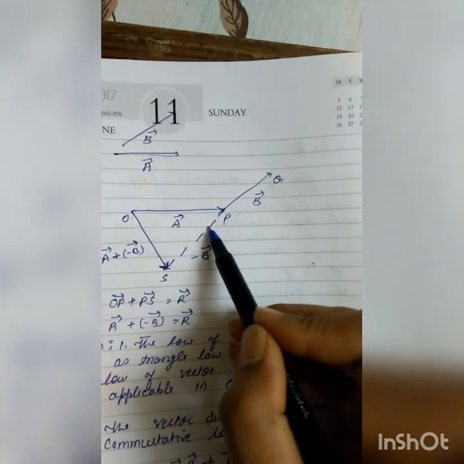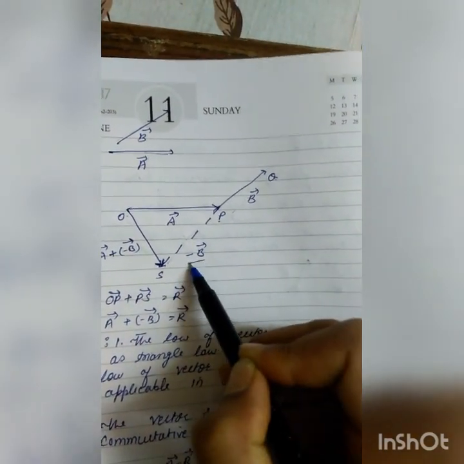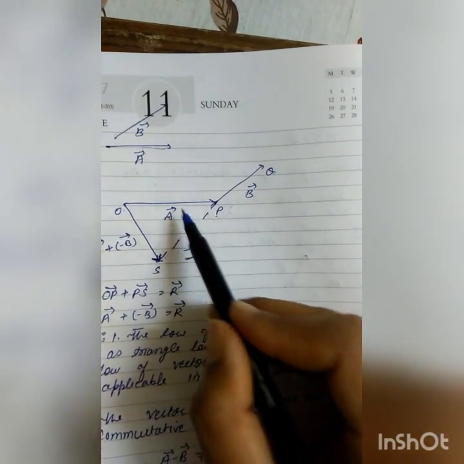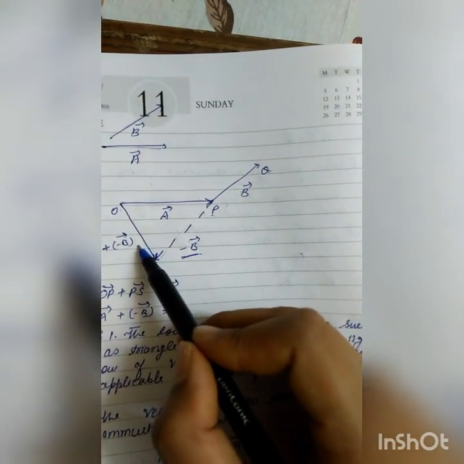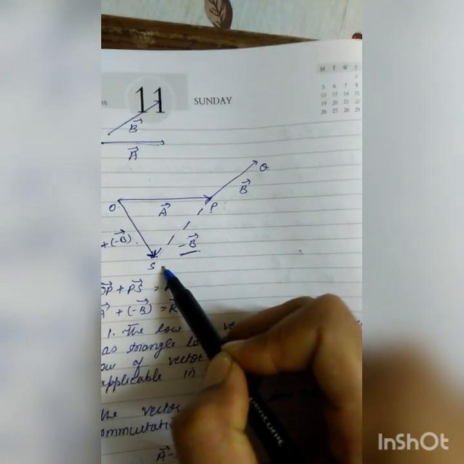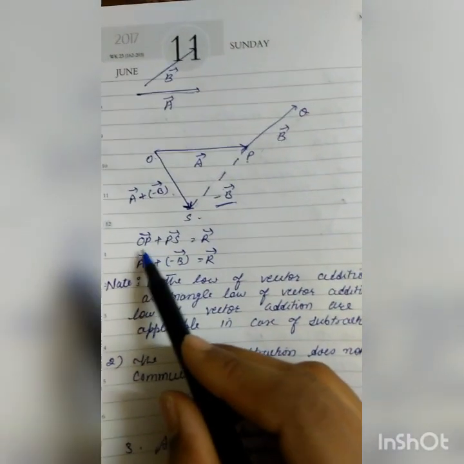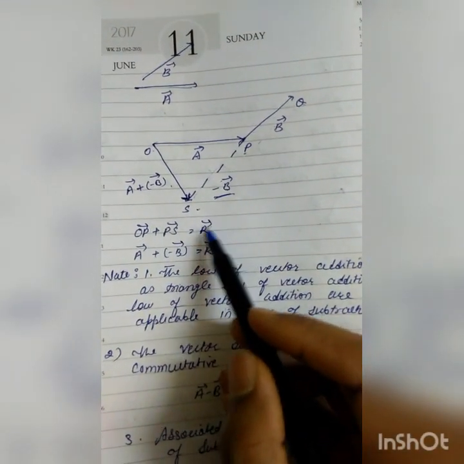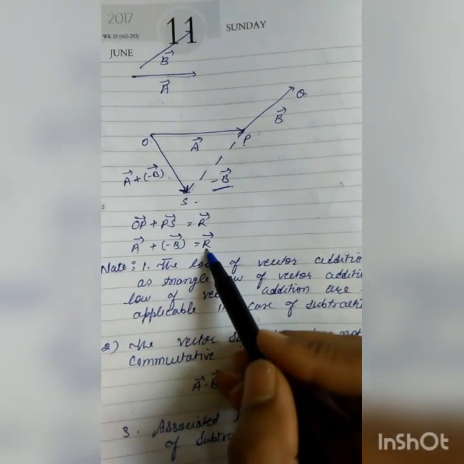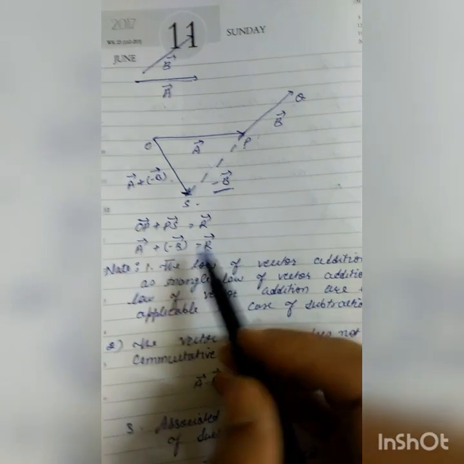So draw it on the reverse side, so it is a minus B vector. Then the resultant is given by the closing side of the triangle, which is OS. And hence OP plus PS is equal to R. OP is A vector, PS is minus B vector, is equal to R, right?